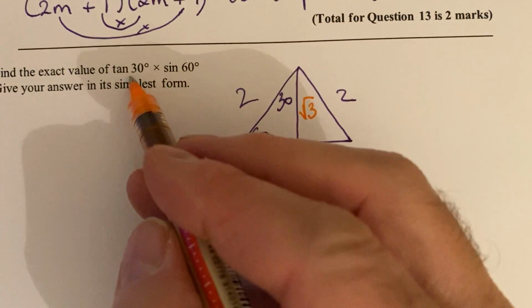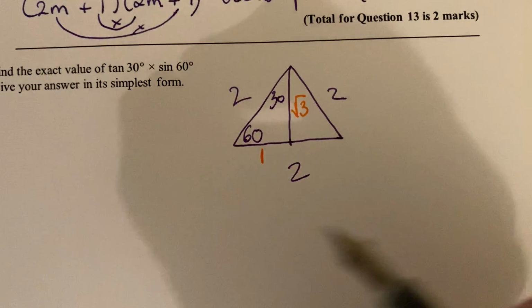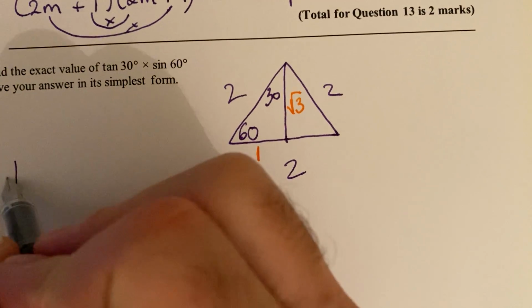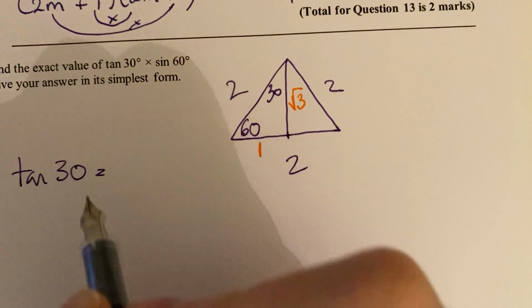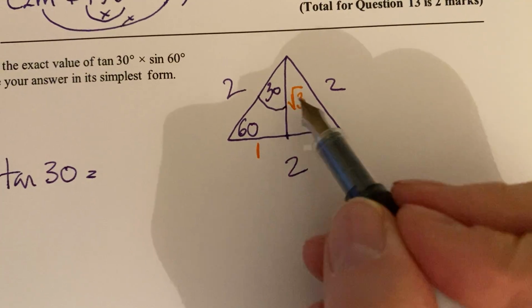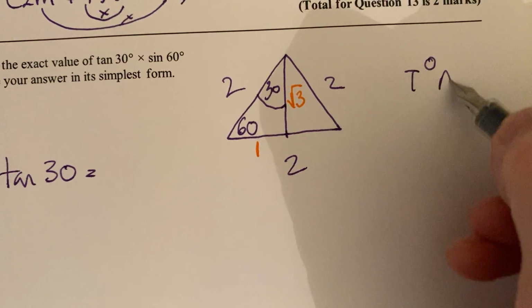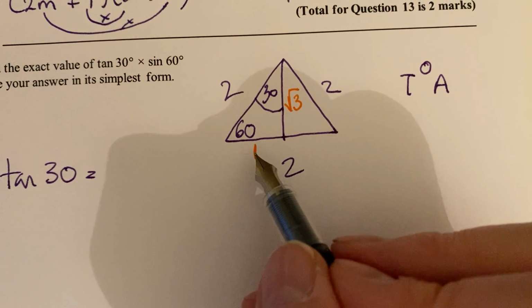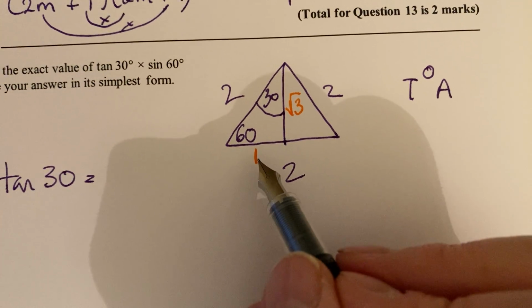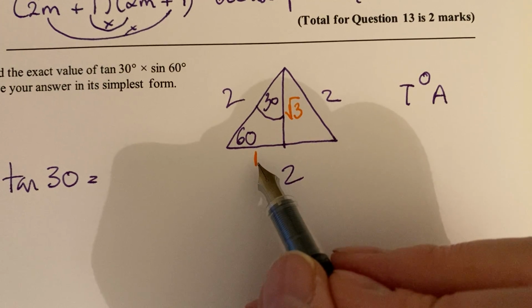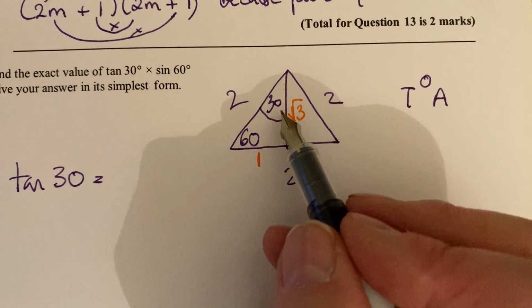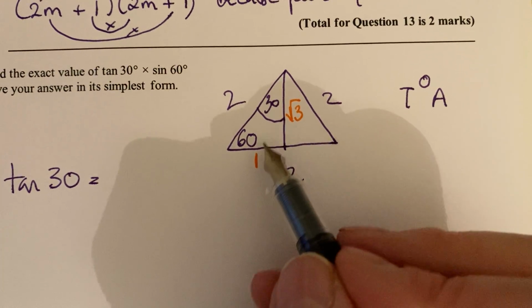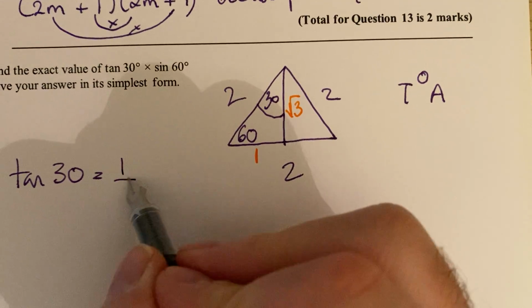Now with that, I can go find these two, because I know that tan 30, tan, there's my tan, don't forget SOHCAHTOA, is my opposite over my adjacent. So if I'm looking at tan 30, it's going to be opposite over adjacent.